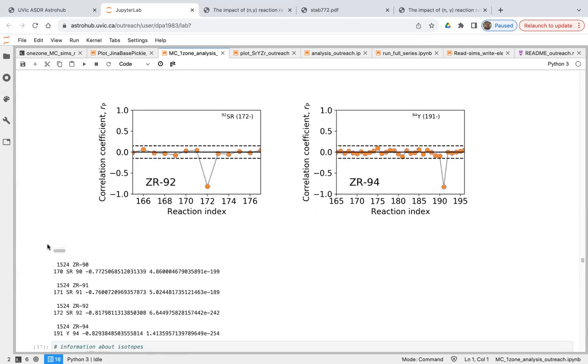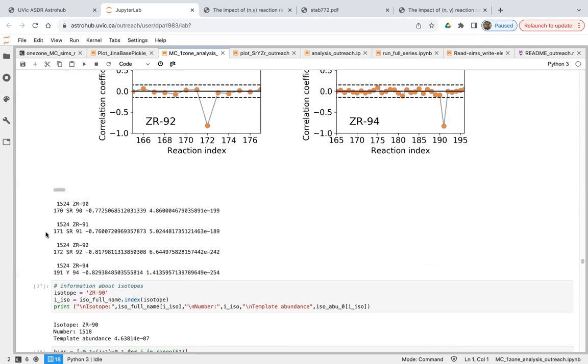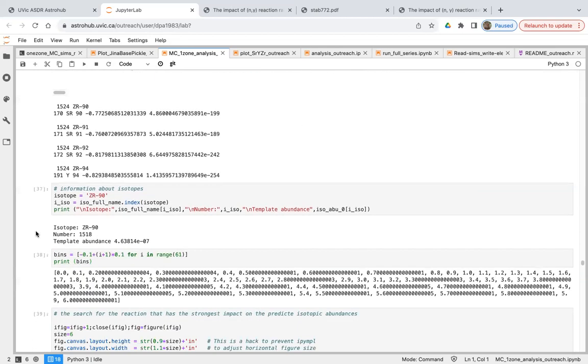As revealed here. Also there are data that confirm that: zirconium-90 and strontium-90 (n,gamma) has correlation coefficient minus 0.77. So let's have a look at whether the bifurcation in the distribution of zirconium-90 is produced by the uncertainty of the reaction strontium-90 (n,gamma).